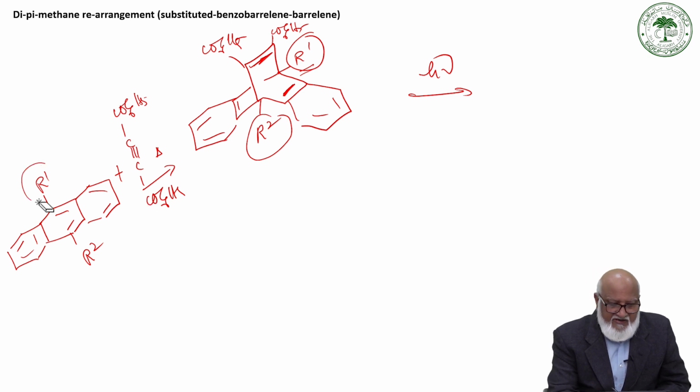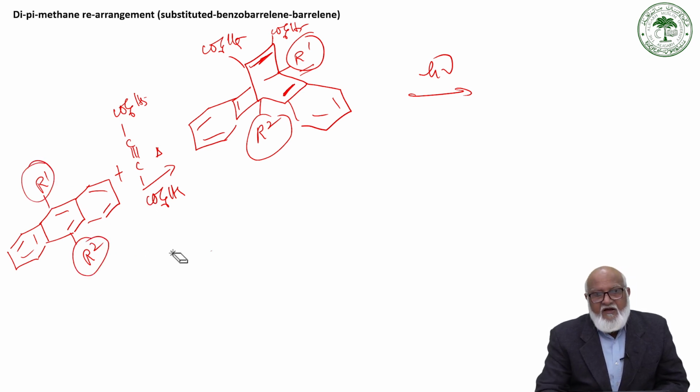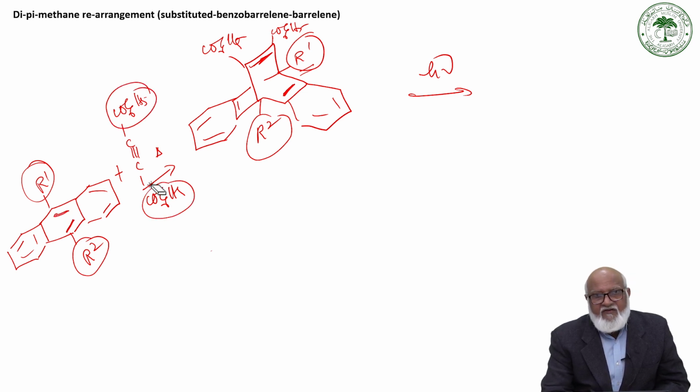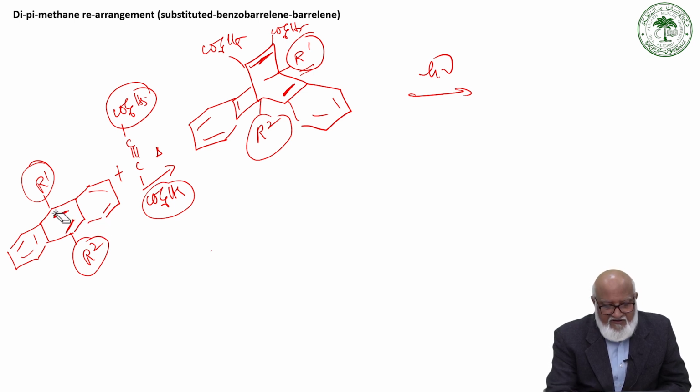It has been found that if the substituents are bulkier, and of course the dienophile also has very bulky groups, then in bulkier substituent, the addition at 9-10 position is not taking place, but addition at 1,4 position, 1, 2, 3, and 4.